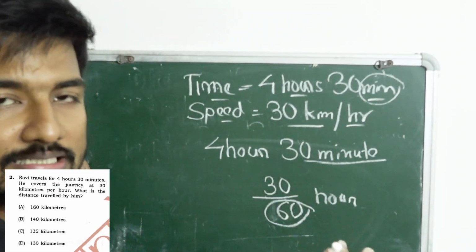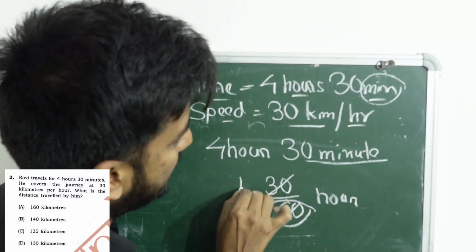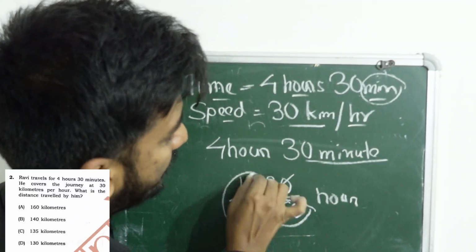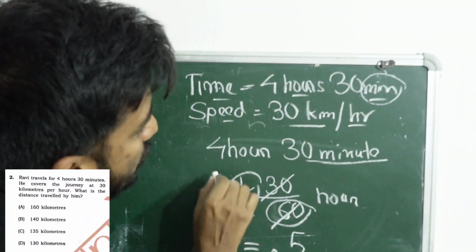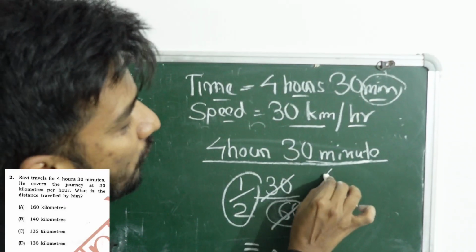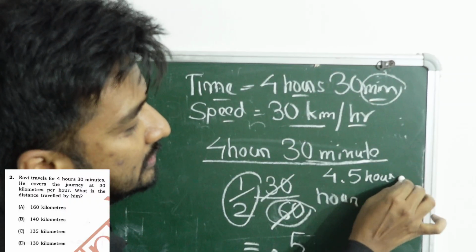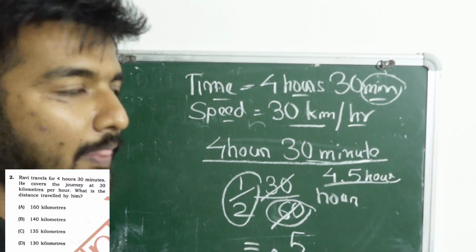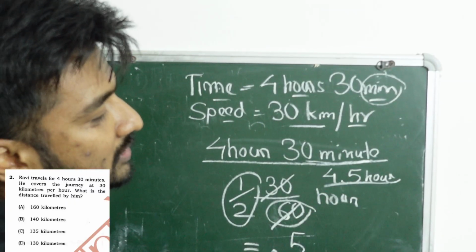Because 60 minutes make 1 hour. So it is 1 by 2. What is 1 by 2? 1 by 2 is 0.5. So we can write 4 hours 30 minutes as 4.5 hours. Getting my point? 4 hours and 30 minutes is 4.5 hours.